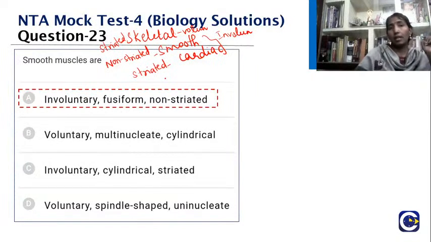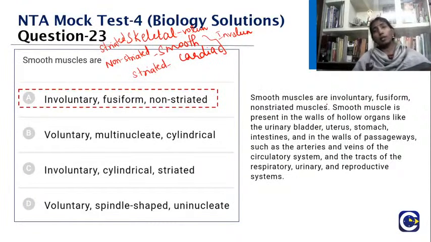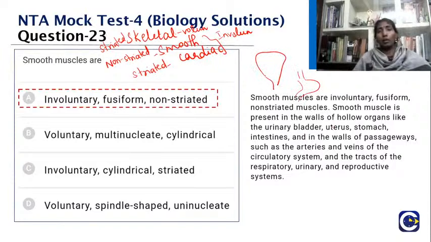They are present in hollow organs like the urinary bladder, the stomach, the intestine, and in blood vessel walls, arteries and veins of the circulatory system, and in the respiratory, urinary and reproductive systems. Everything is lined with smooth muscle, which is why they are involuntary, fusiform and non-striated. Yes, very good students.